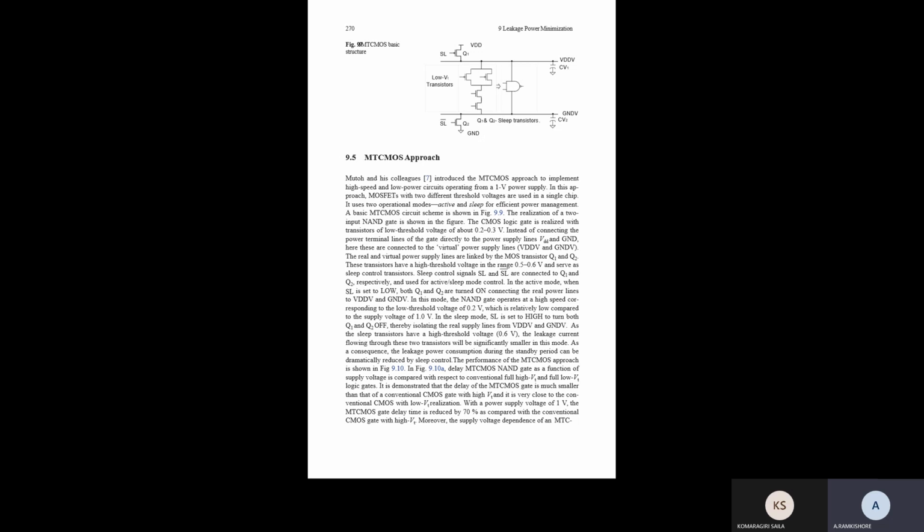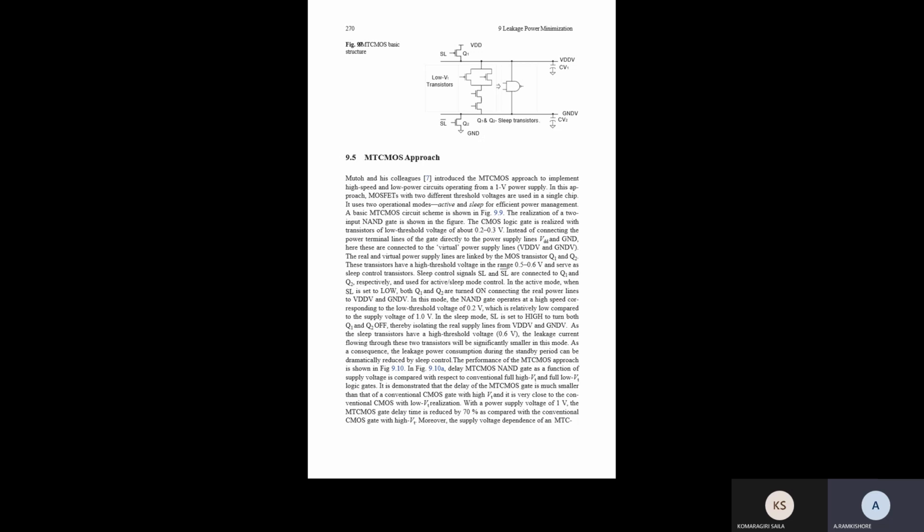In the sleep mode, SL is set to high to turn both Q1 and Q2 off, thereby isolating the real supply lines from VDDV and ground V. As the sleep transistors have a high threshold voltage of 0.6 volts, the leakage current flowing through these transistors will be significantly smaller in this mode.